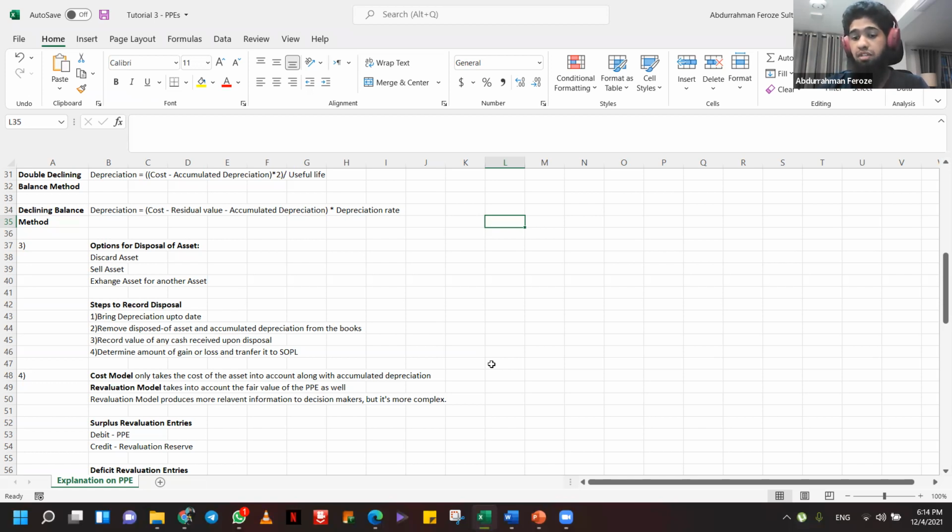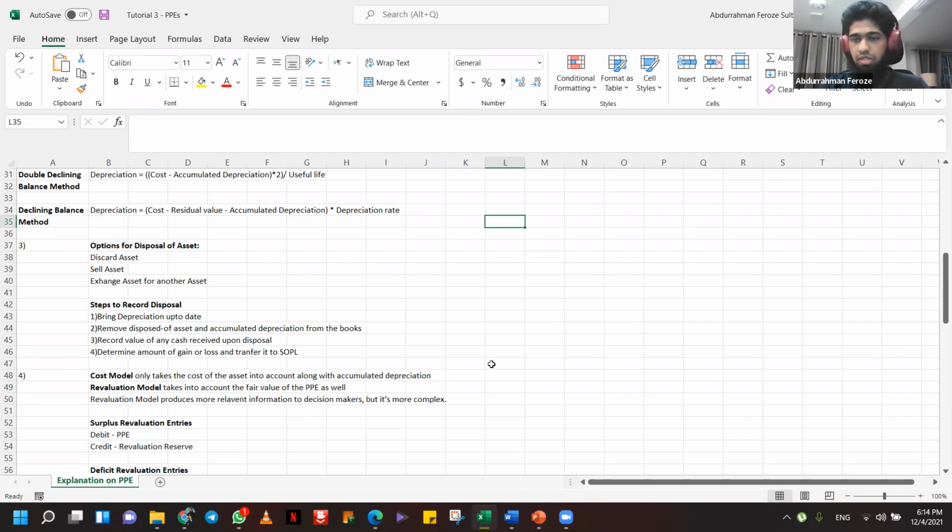If you have exchanged it for another asset, then you have to calculate the value of that asset, and so on and so forth. And lastly, once you have recorded all that, you can determine whether you have made a gain or a loss on the disposal. If it's a gain, it's an income basically. You transfer it to the SOPL, and likewise if it's a loss, right? So those are the steps for disposal.